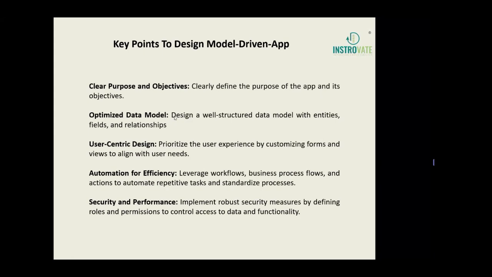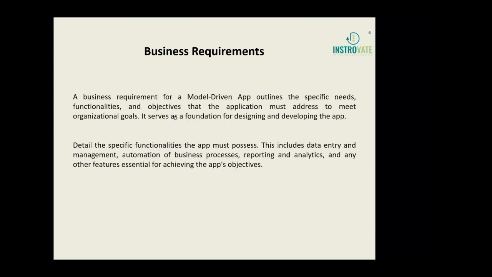So it will save your time to go again and again for the same process. And security and performance, like implement robust security measures by defining roles and permissions to control access to data and functionality. So it should not be like everyone can access your application. It should have some security components also.